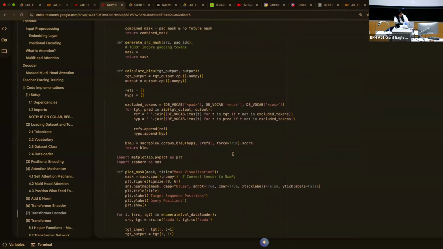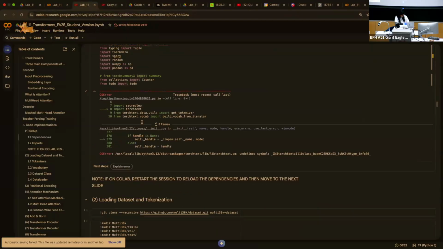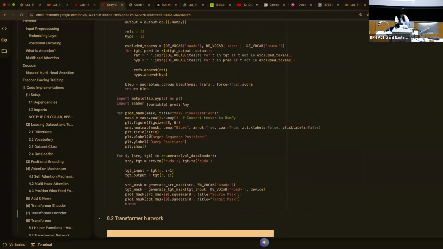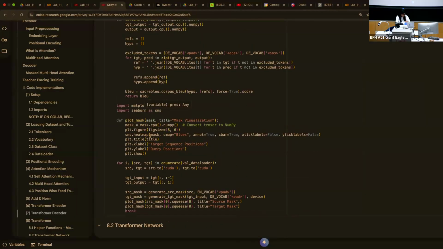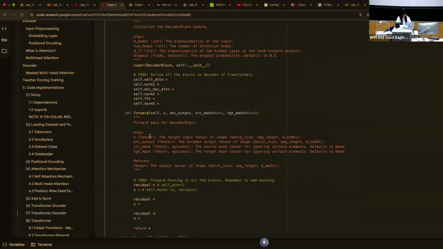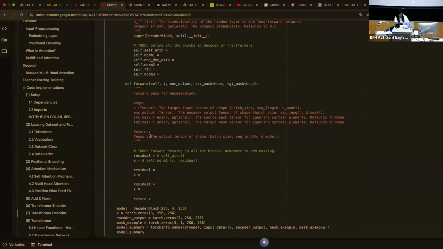Okay, so here are some mask visualizations. I'll just see if I already have some output blocks. Okay, I hope everyone is done with the checkpoint 7.